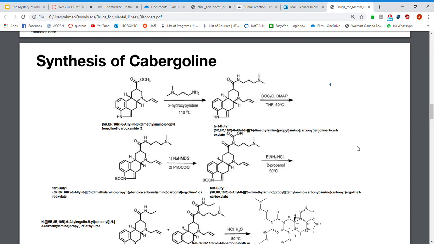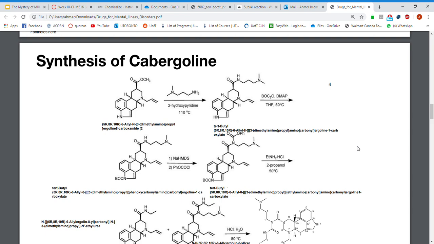That nitrogen is really reactive, right? So you want to protect it. When you do this reaction, you get this next product, right?